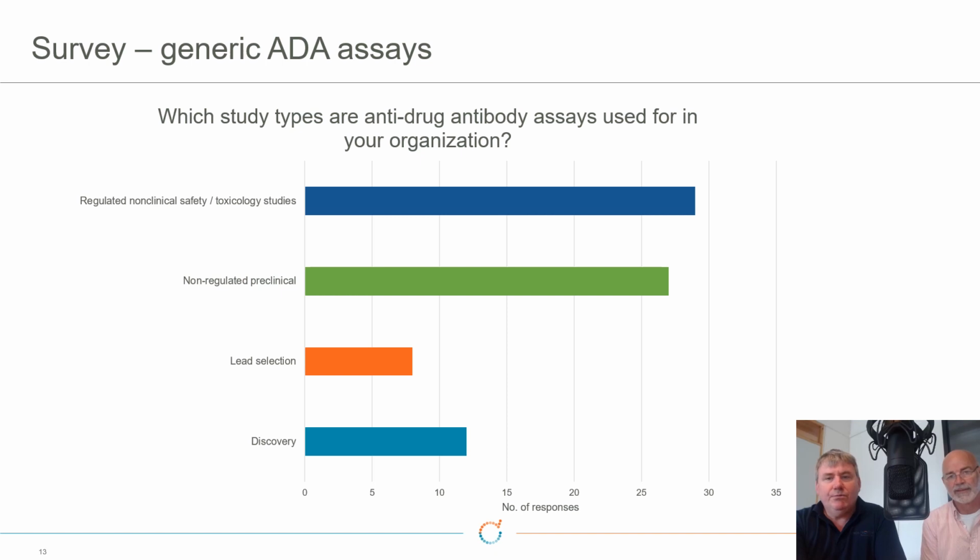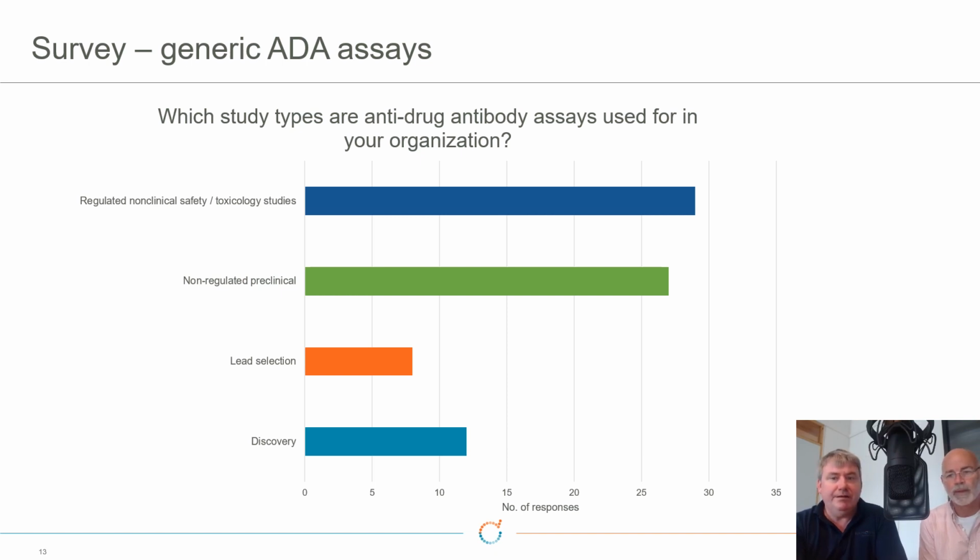So in terms of which study types people use anti-drug antibody assays for, you can see that many people use it in early phases for discovery and lead selection, but also in preclinical, particularly for things like dose ranging studies, etc. But mainly immunogenicity is used in regulated work.